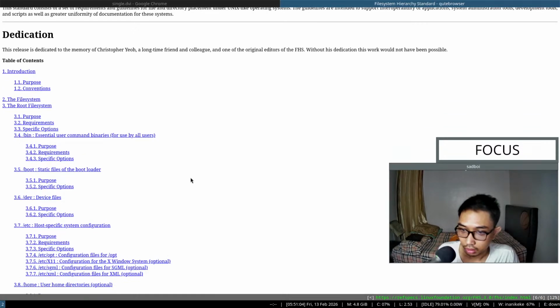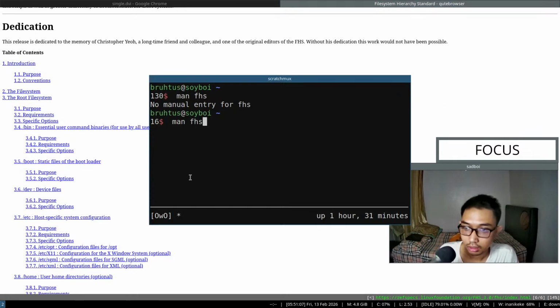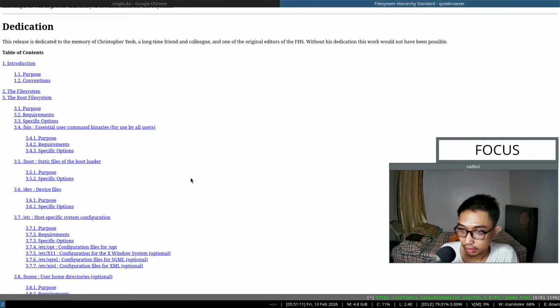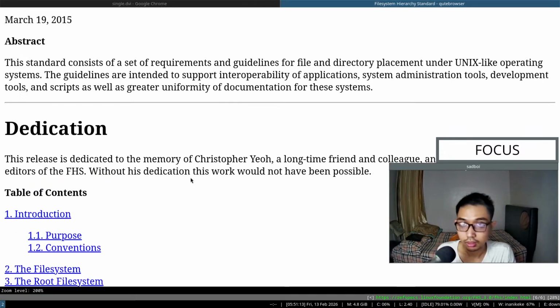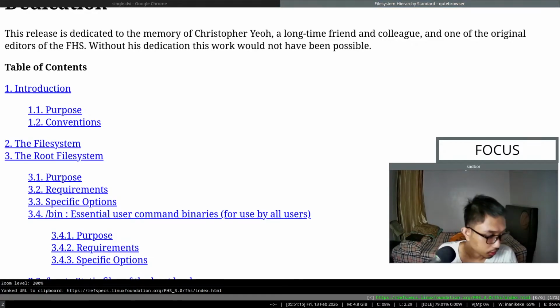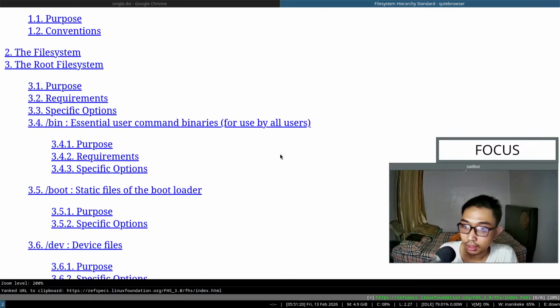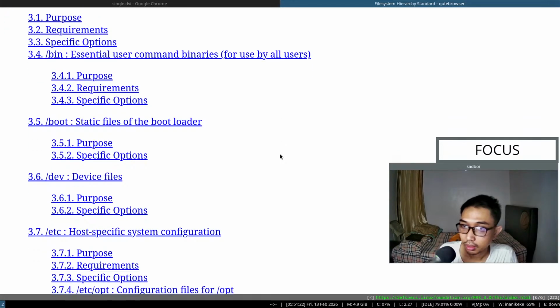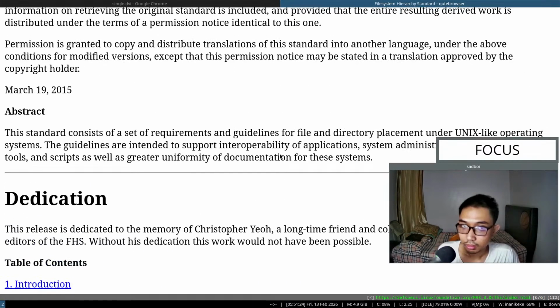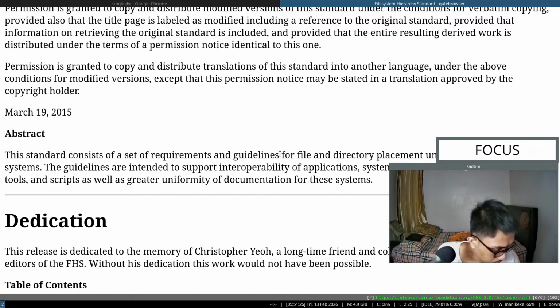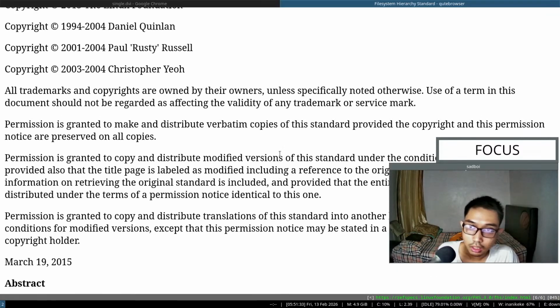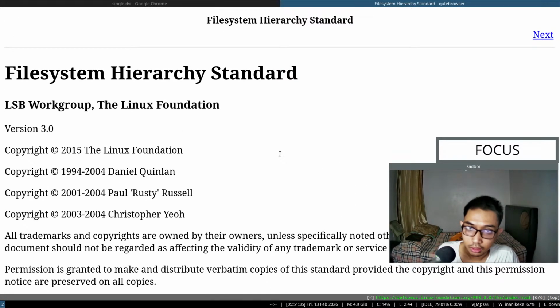I forgot there's the man page for this. Now let me copy this in the chat. Linux file system, just a folder hierarchy that it has. I'm not sure yet.